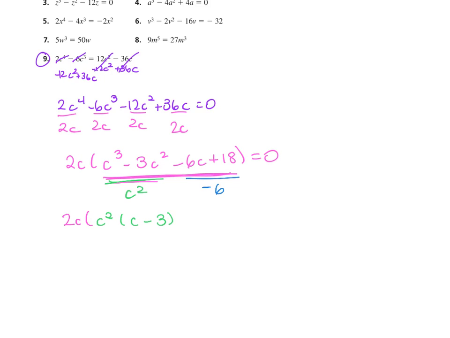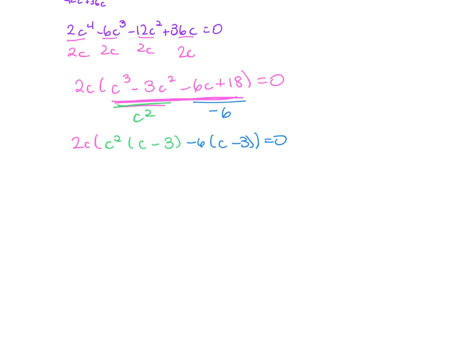And then we have this negative 6, and when we divide out the negative 6, we get c minus 3. Lots of parentheses here. So the 2c gets written in the front, and so we can write our binomials. The c squared and the negative 6 go into the front one, so that's c squared minus 6. Then the c minus 3 can be written here.